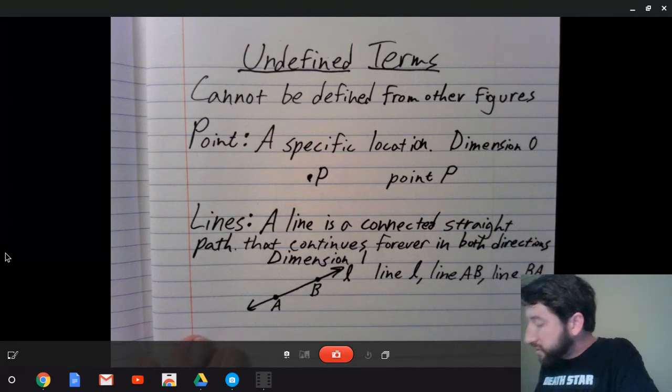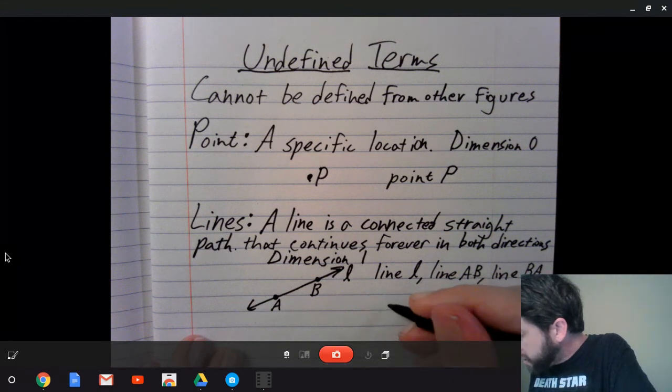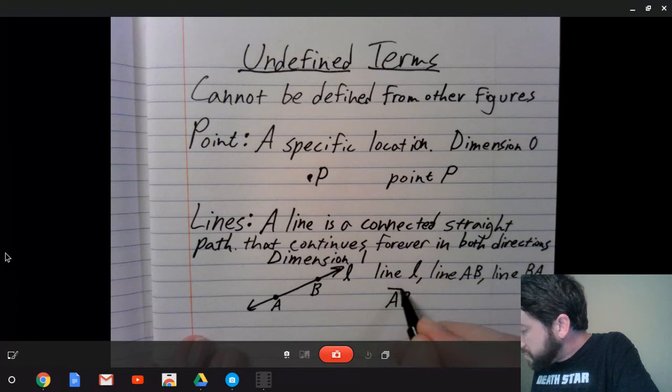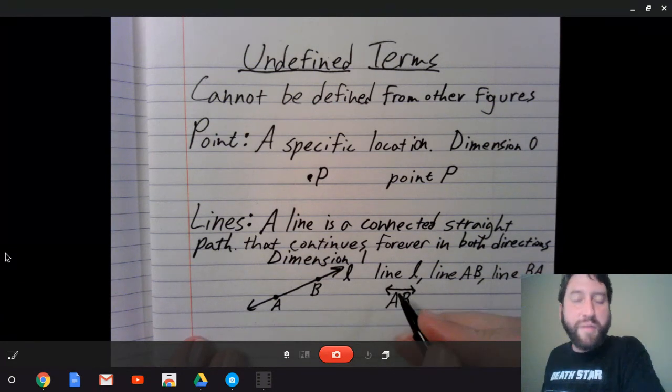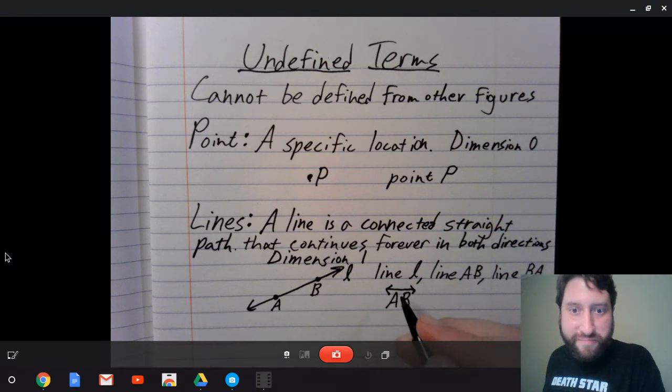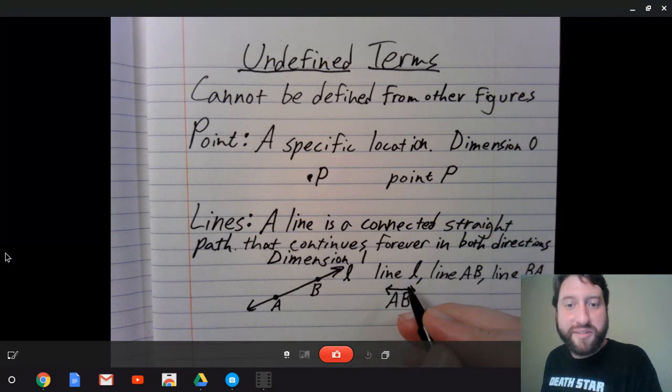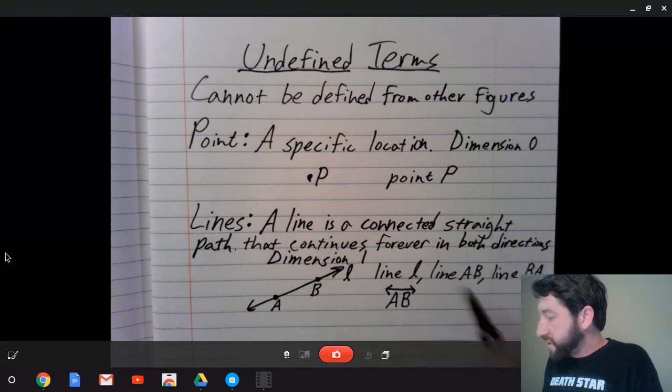There's another way you can write it. I could say AB with this fancy little thing on top. If you can't tell, remember we talked about the biconditional? Well, it's basically that same symbol, when it says you can go either way. It's the same symbol here because it's both directions.